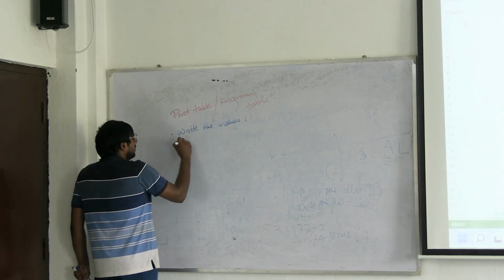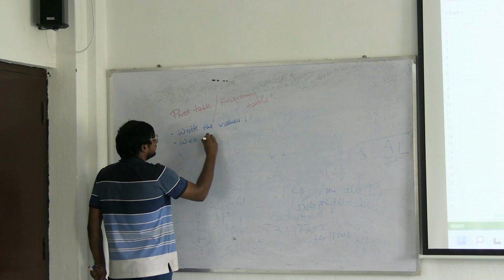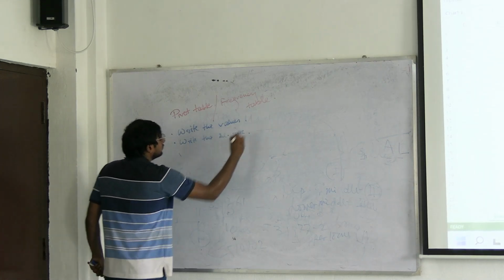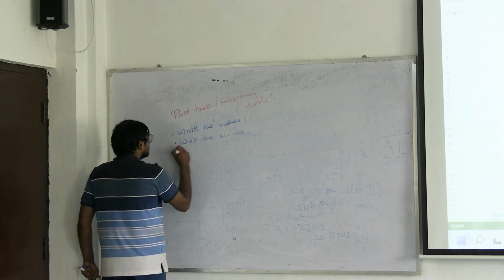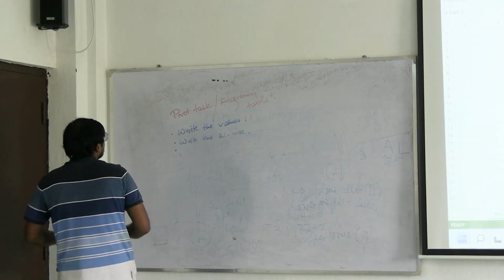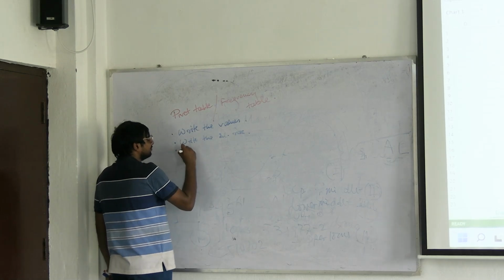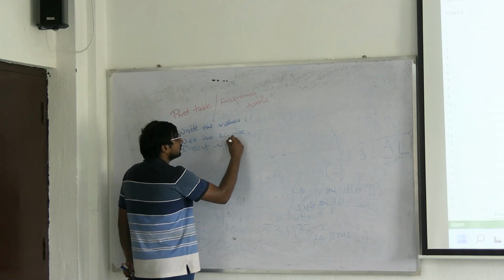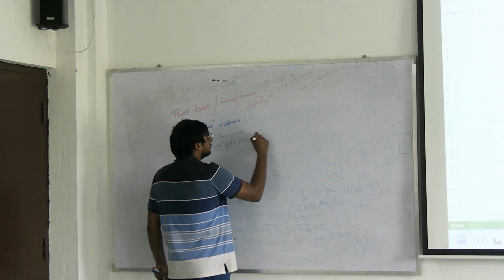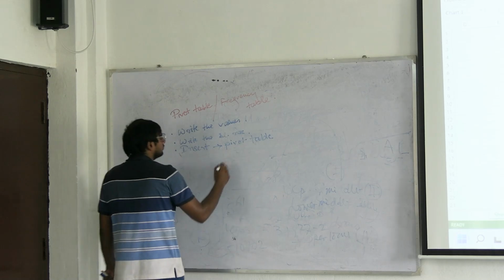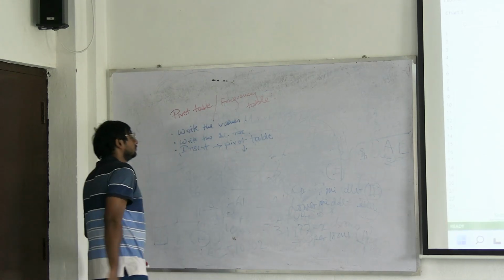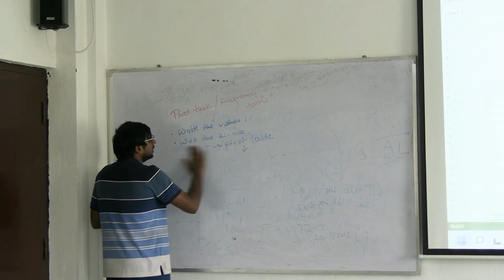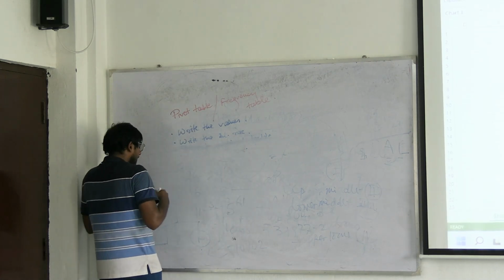Second step, write the serial numbers. Go to insert, then pivot table. Oh wait, but first you will have to do this.